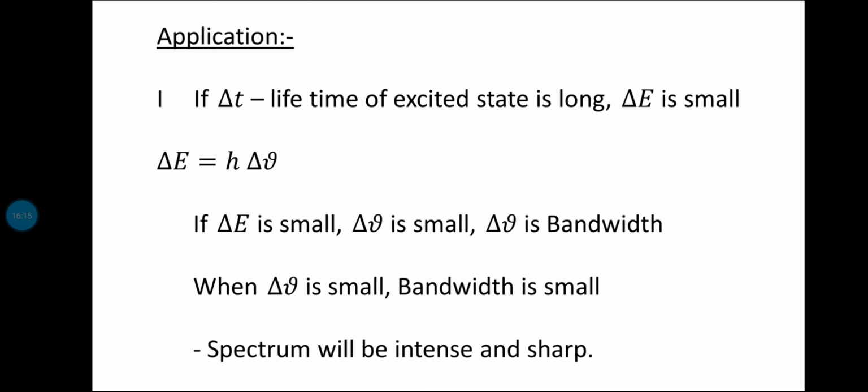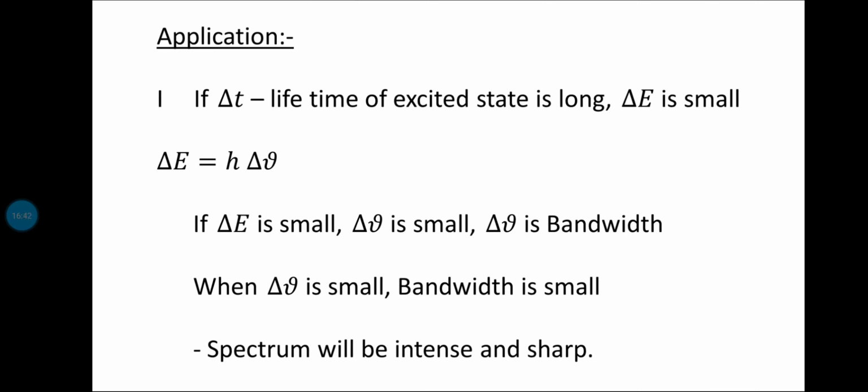If t is the time it remains in this particular excited state, then delta t will give you the error in the measurement of time. Automatically, there will always be an error in the measurement of the energy of the photon and hence the value of frequency as well as wavelength.